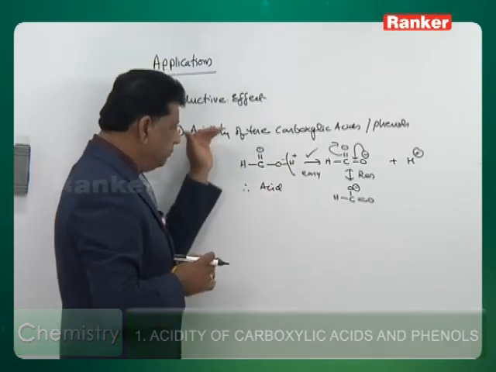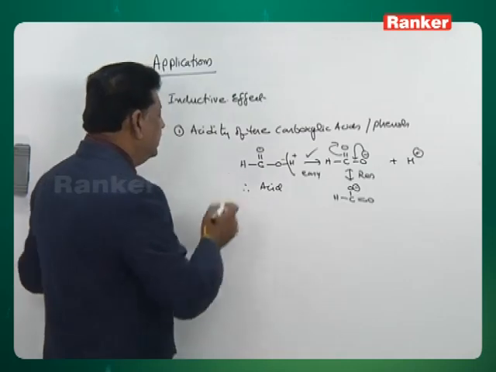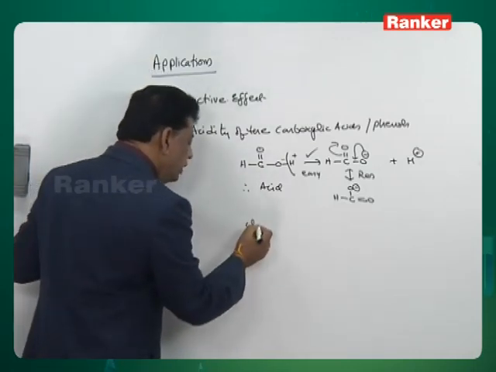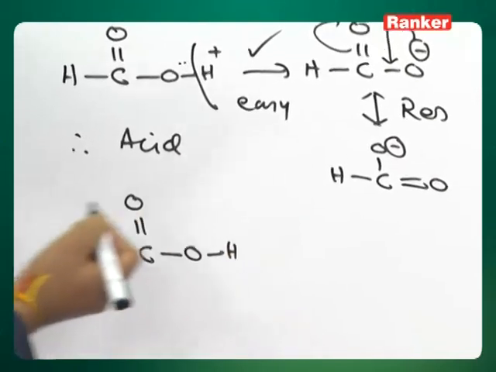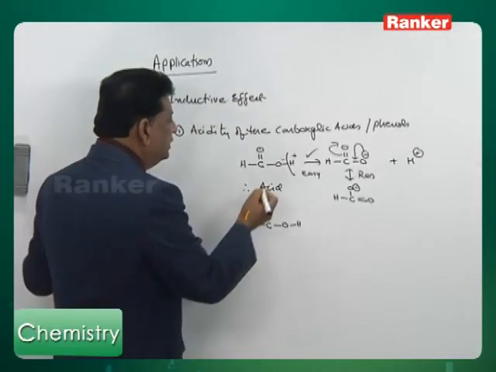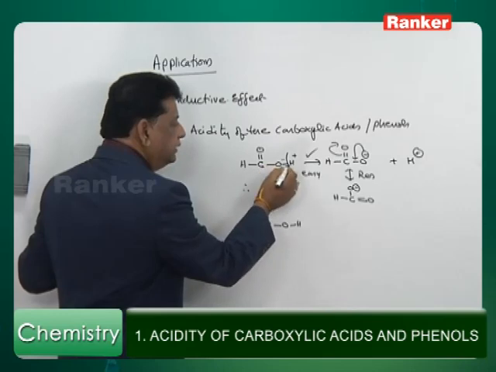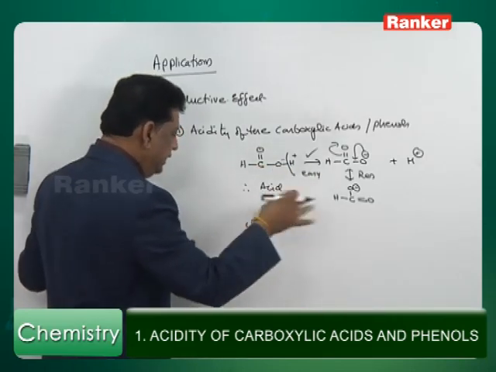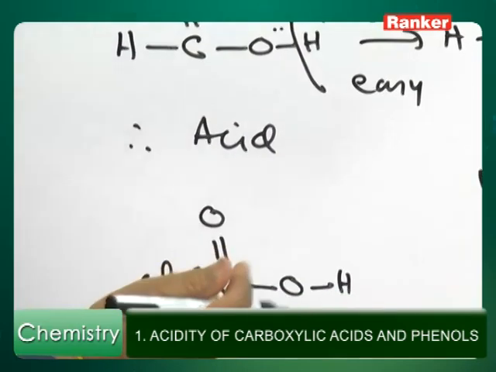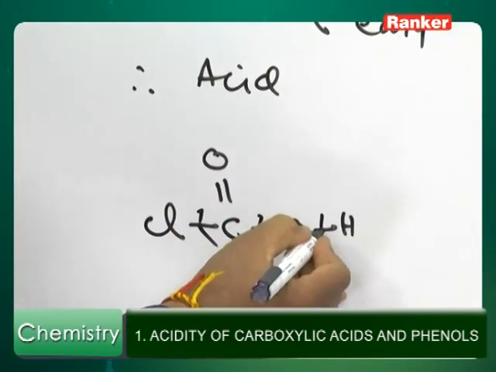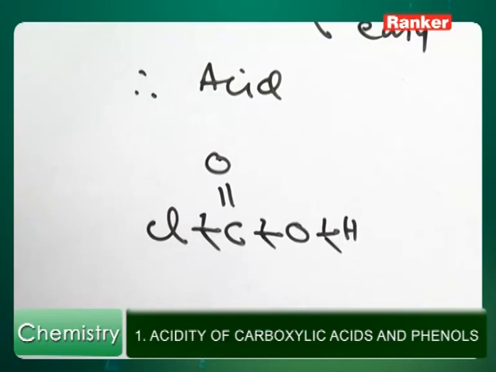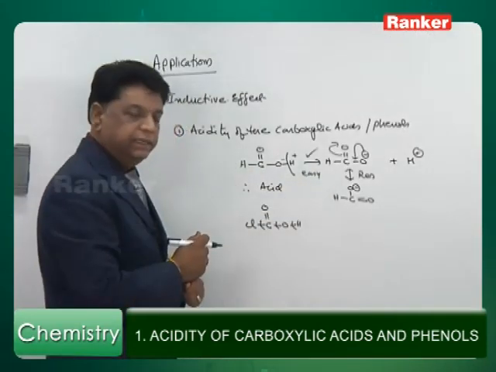Now the application of the inductive effect is: if this compound has a chlorine here, what is the influence on this acidity? Originally this bond has polarity on this side or that side, leave it. But because the chlorine pulls here, the carbon also tries to pull. The oxygen originally pulls, but because of the chlorine, the pulling property increases.